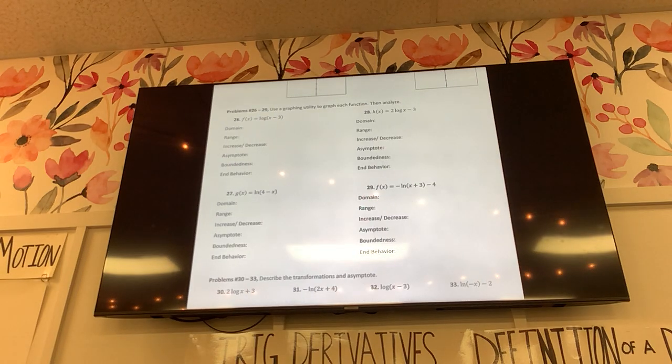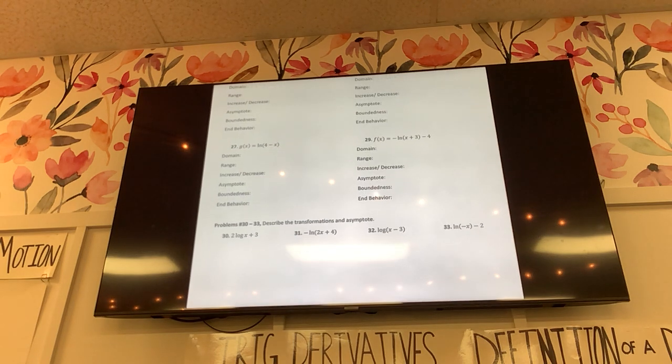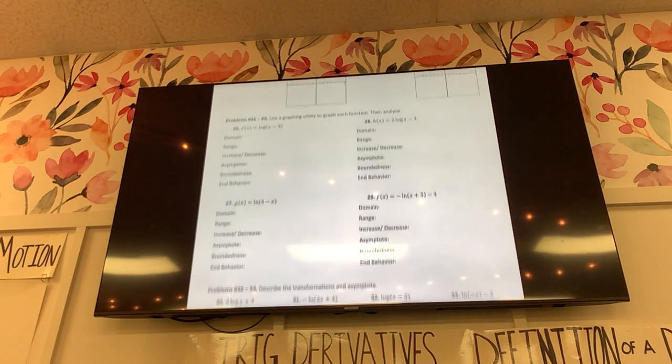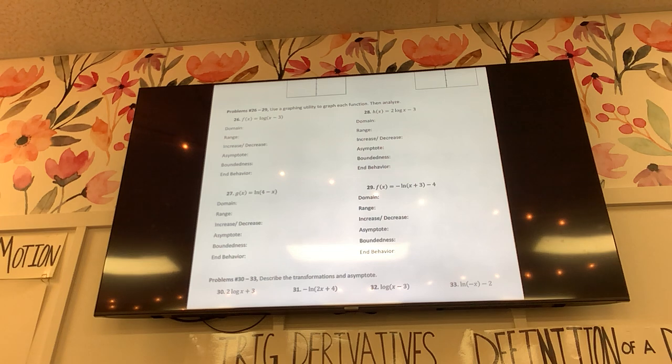On these 4, you are describing the attributes. You can use a calculator to graph that, though. And then the bottom ones, you are describing the transformations and telling me what the asymptote is. If you would like to, it says you can use a graphing calculator on 26 through 29. But the other graphing ones, try to do without.